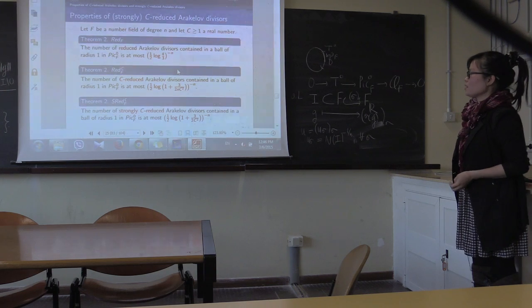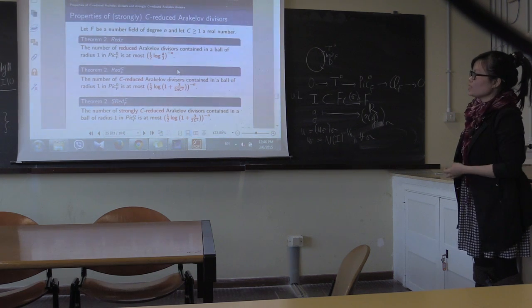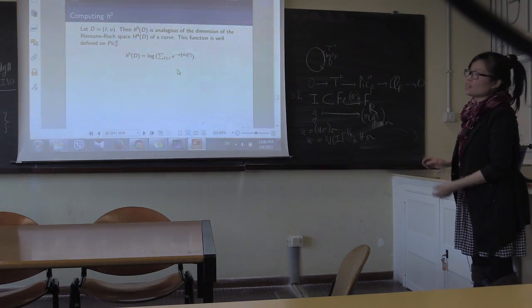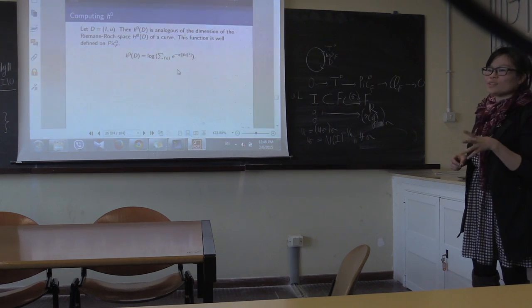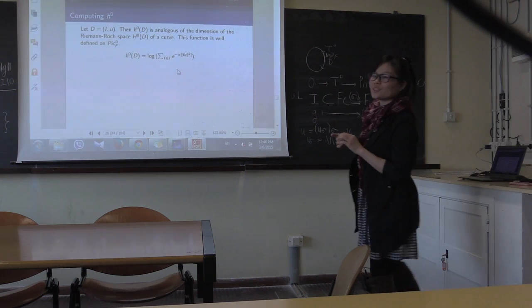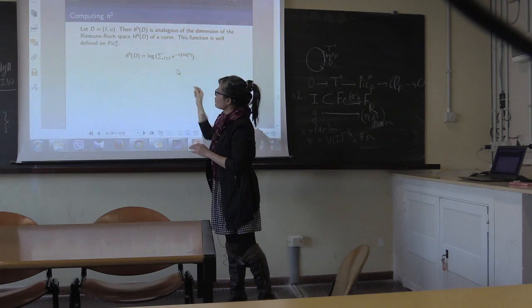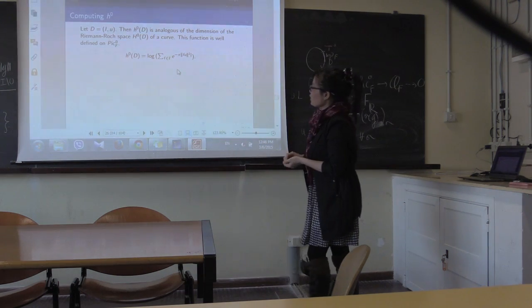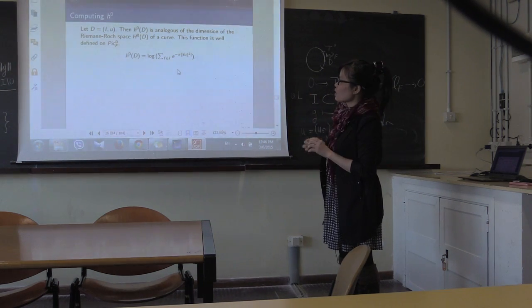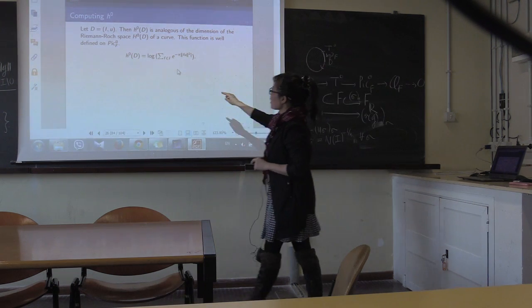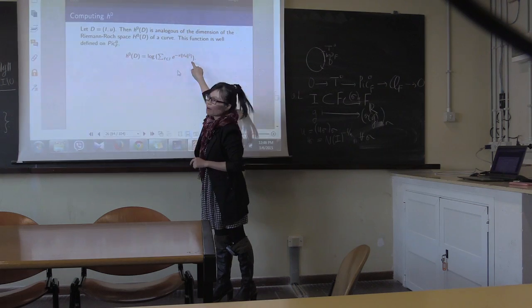And here are their properties. And the last part is, I would like to show you the application of using C reduced in computing these functions. This function is defined like this: you take a divisor D with the form, the Hermitian line bundle, then you define this function by this log of this sum.